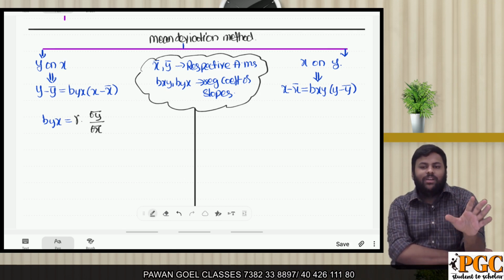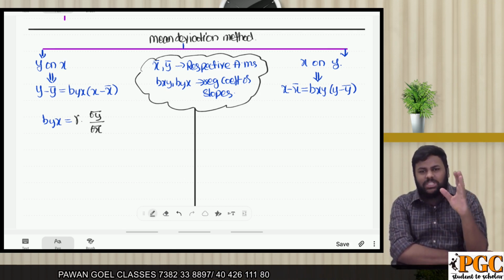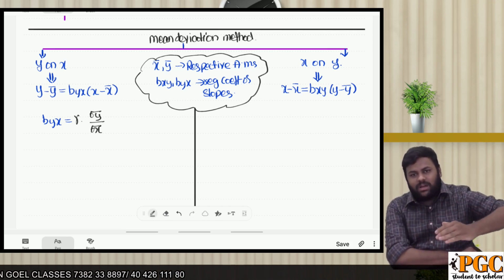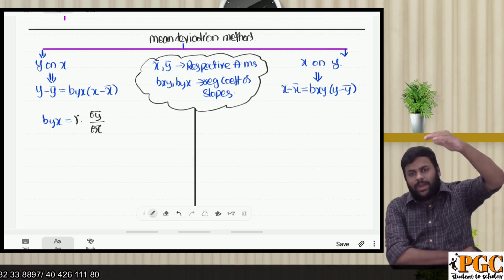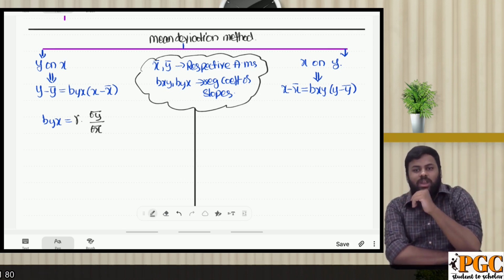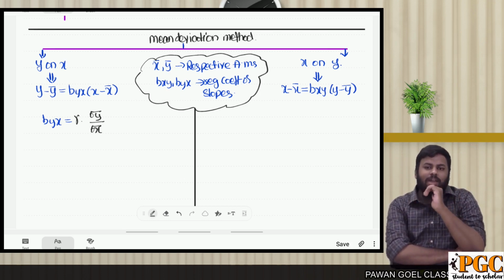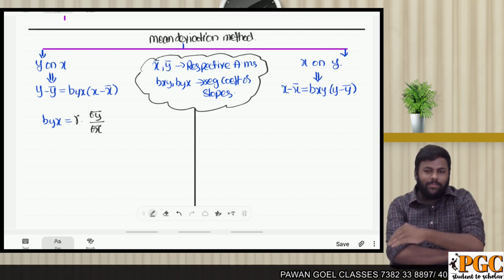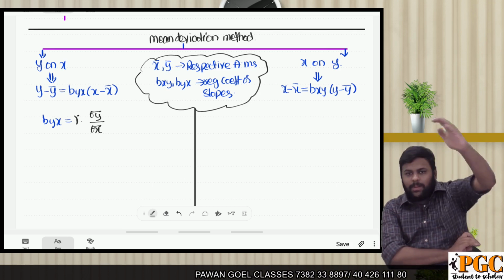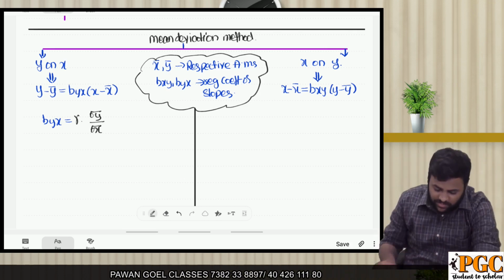Always remember, my dear friends, in statistics or any subject, the independent variable will come in the denominator, the dependent variable will come in the numerator. Ever since the beginning of the world, that is the main scenario. That's a property. Independent variable in the denominator, dependent variable in the numerator.